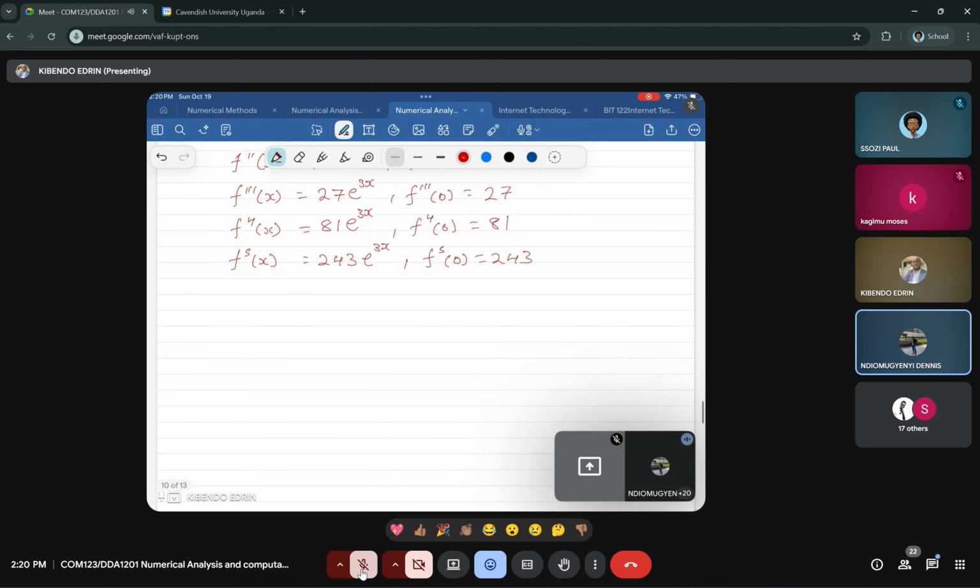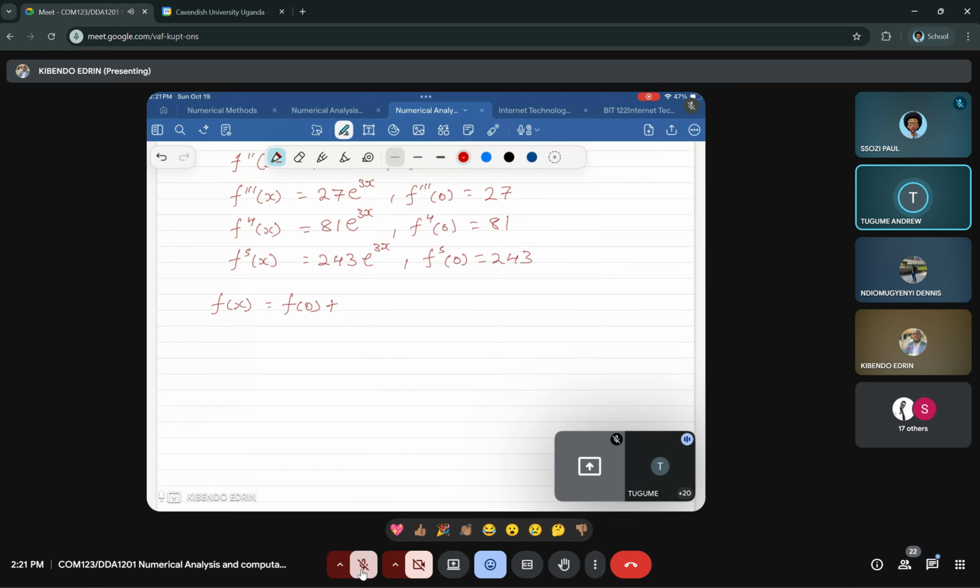Then for Maclaurin, it is f of x is equal to f of 0 plus x times f first derivative at 0.